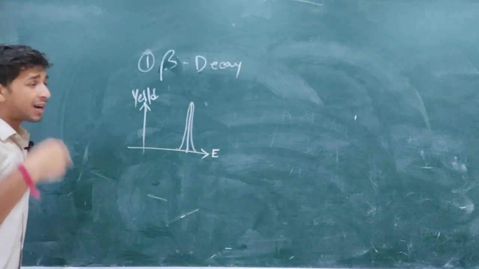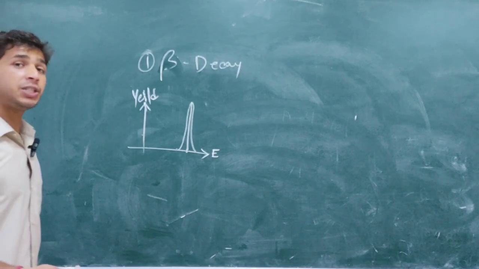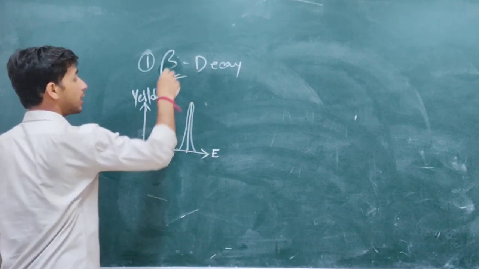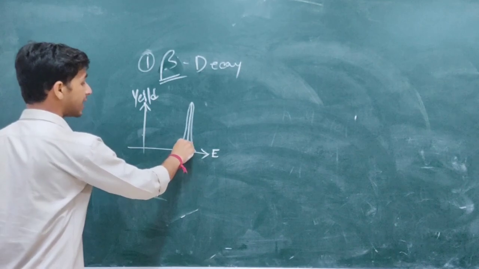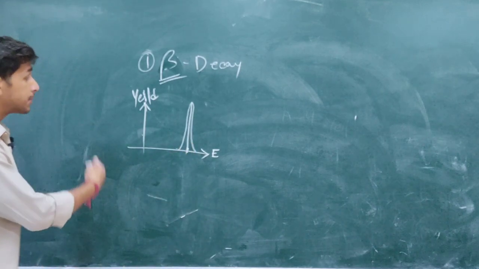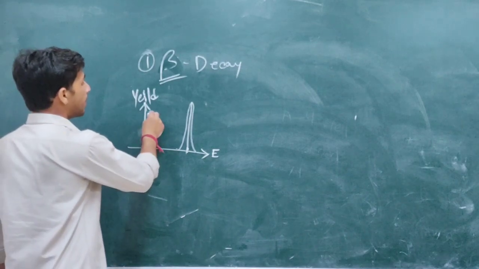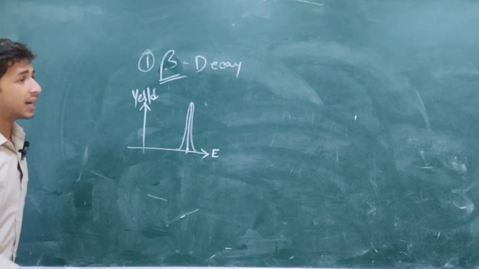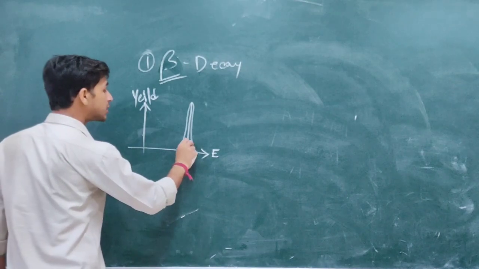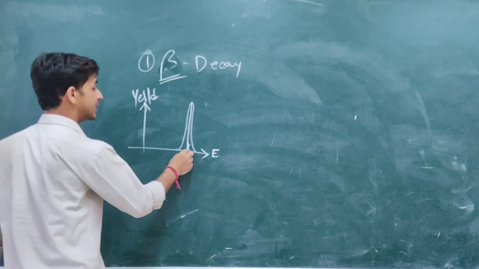Meaning for beta decay, the energy of the emitted beta particle should have the same energy. It was expected, but from experiment it was concluded that the emitted beta particle will have a continuous energy variation.